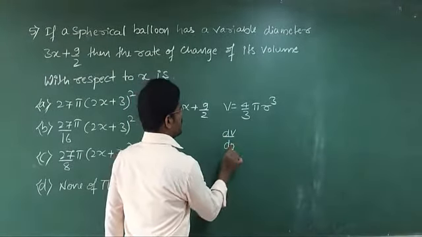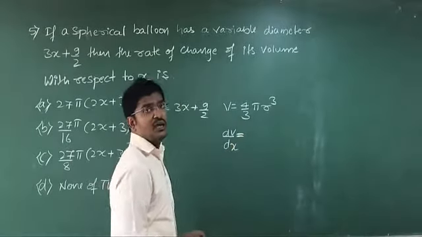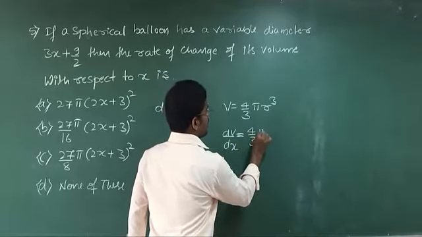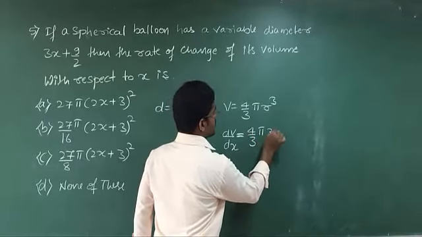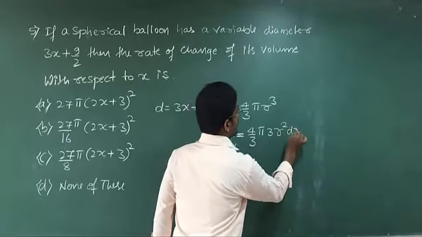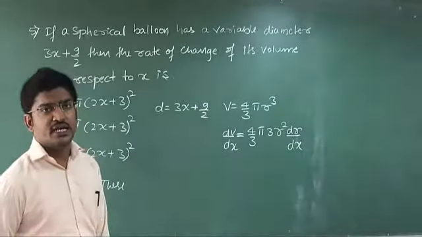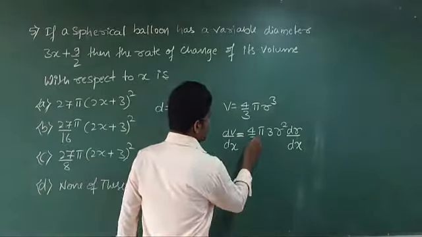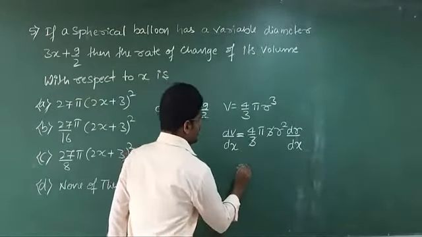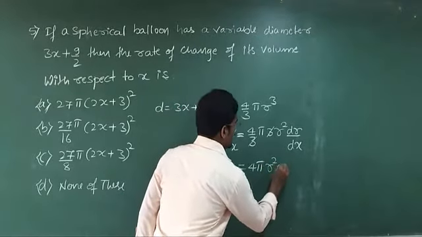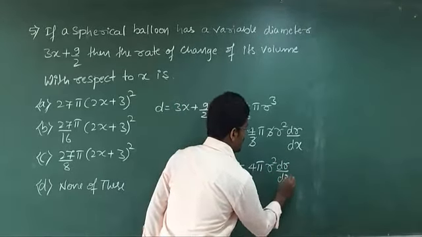dV by dx will be equal to 4 by 3 pi, if I differentiate with respect to x, r square dr by dx you are going to get. Clear? Okay. Remove this 3 and 3. It will be 4 pi r square dr by dx.